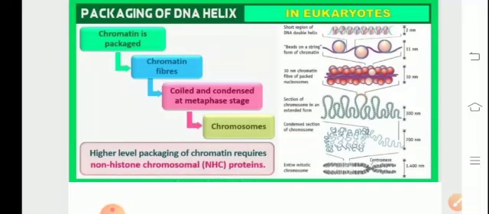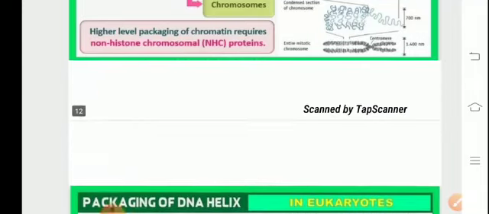And then finally into 700 nanometer, first 300, then 700, and ultimately the metaphase chromosome of 1400 nanometer. Now what can be seen is the solenoid model of folding and superfolding of the basic chromatin at the metaphasic chromosomes.